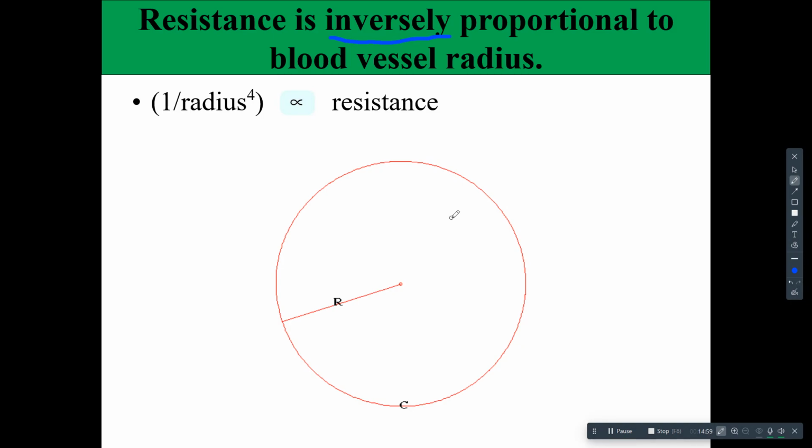Now here's the kicker. It's not a one-to-one relationship. Any change in radius, I've got to take it to the fourth power to achieve that change in resistance. So if my radius decreases by a factor of 3, then my resistance increases by a factor of 3 to the fourth.